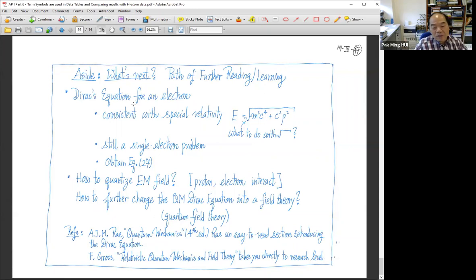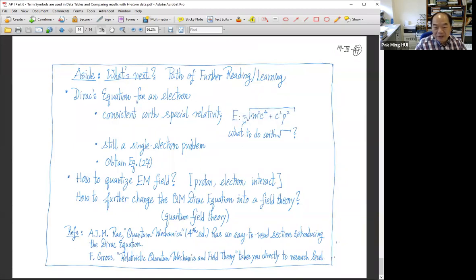So the path to move forward is, first, learn something about the Dirac equation, which is for one electron. Dirac only wanted an equation that is consistent with special relativity. That is to say, he wants to start with this.